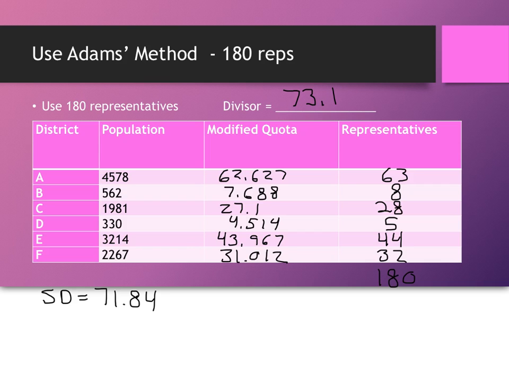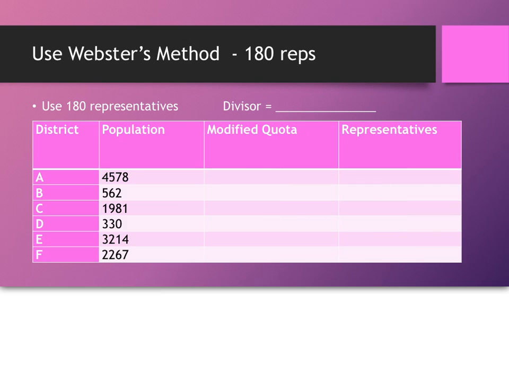So Adams' method gives each of these districts this allotment. Lastly, I want you to use Webster's method. Find a divisor, remembering to always start with the standard divisor, 71.84. Try that out, push pause on the video, and come back and see what you get.